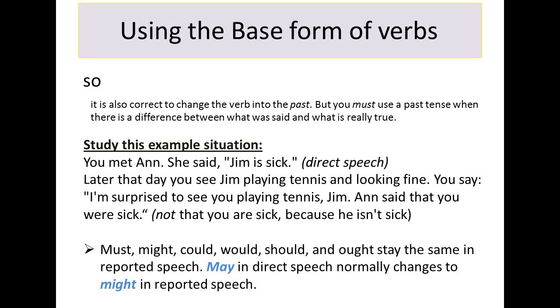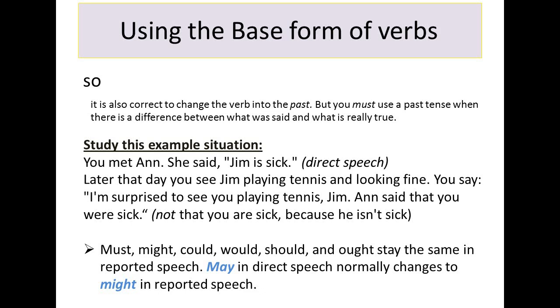It is also correct to change the verb into the past, but you must use a past tense when there is a difference between what was said and what is really true. If we want to report a sentence and that sentence is still true now, we don't need to change the verb.